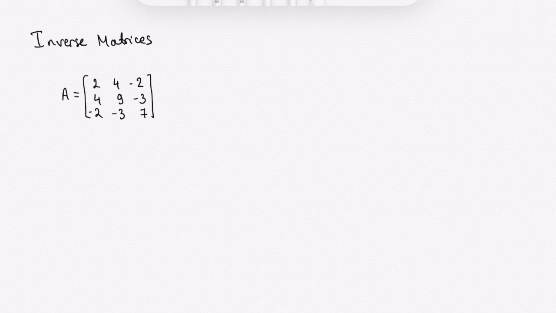Now, before we start our discussion, there are a few things we have to know about inverse matrices. First of all, if a matrix is not square, then it cannot have an inverse matrix. So let me write that here.